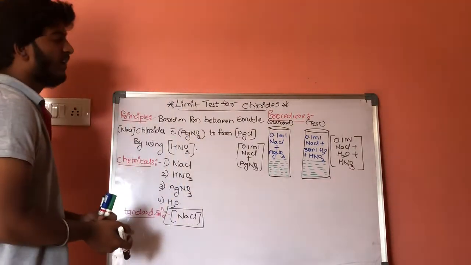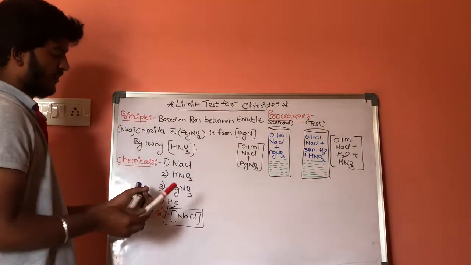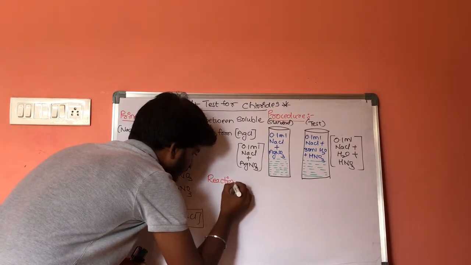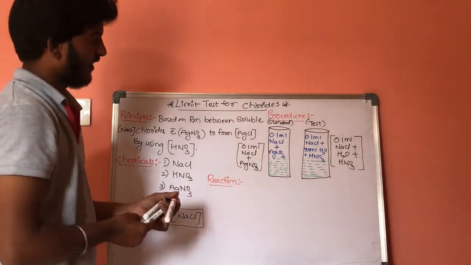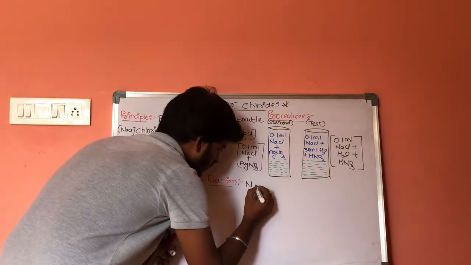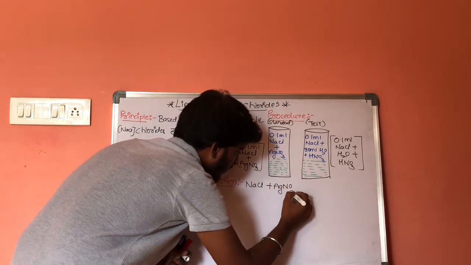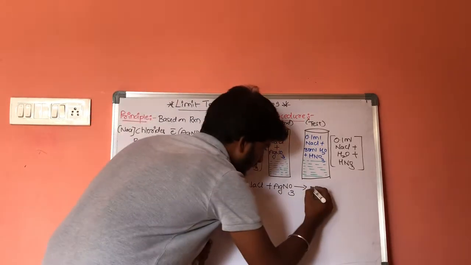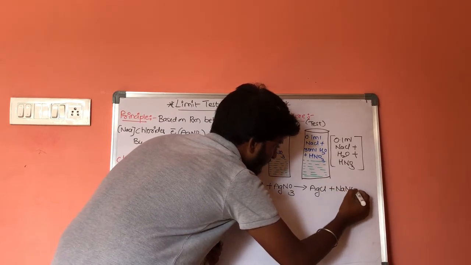Now, the reaction which takes place in the standard solution is that sodium chloride reacts with silver nitrate in presence of HNO3 to form silver chloride plus sodium nitrate.